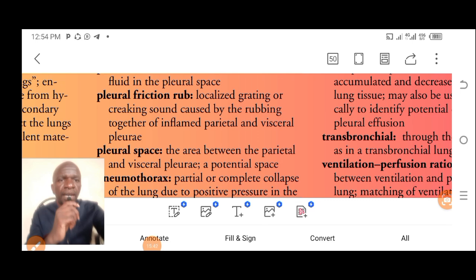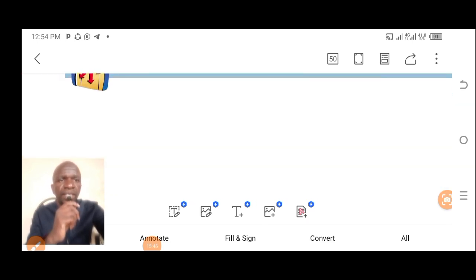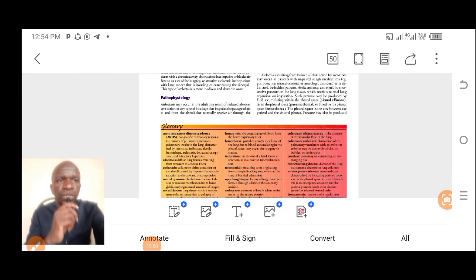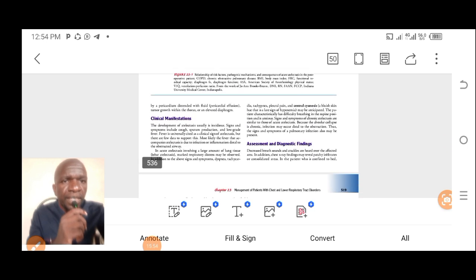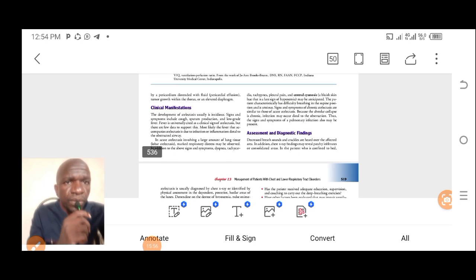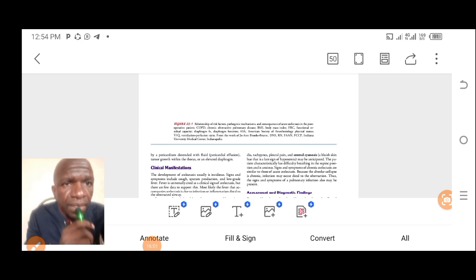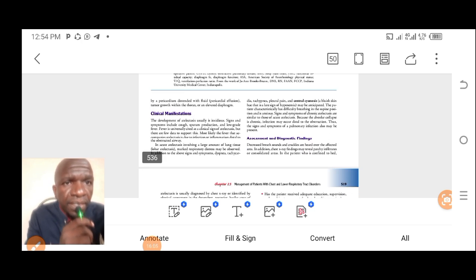So that was about atelectasis, what atelectasis is, its causes, and the pathophysiology of atelectasis. That is what we have seen in atelectasis.